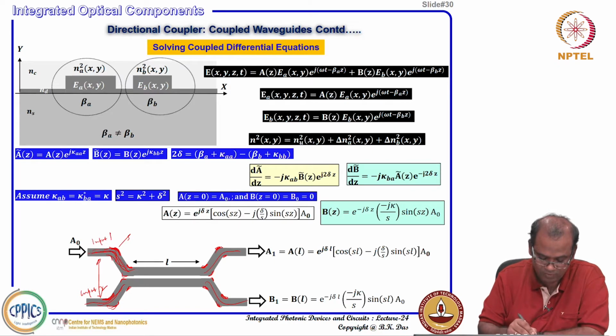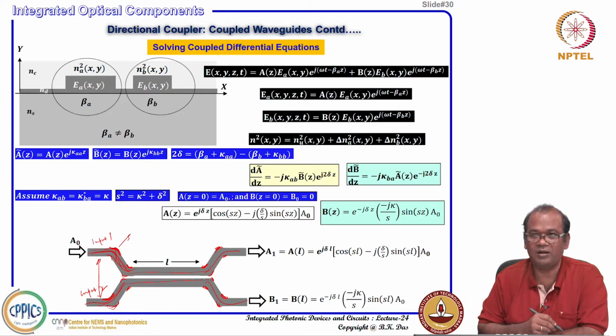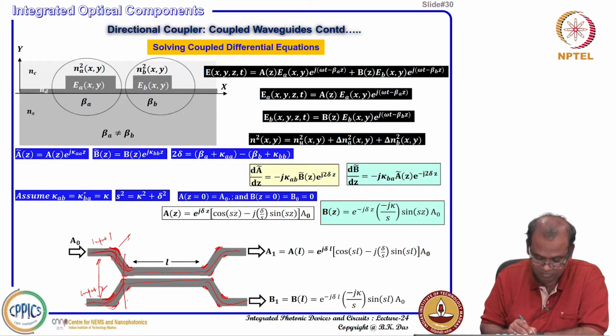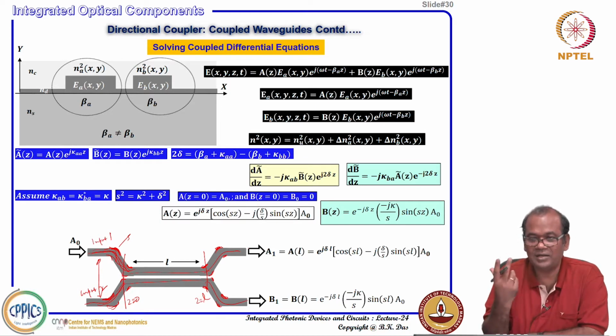So, adiabatically both waveguides come closer, and when you see that their evanescent tails are almost touching the other one, according to the gap, then you maintain this length parallel. This is the region where you start at z equal to 0 and go to z equal to L, where L is the interacting length, and in this interacting length the waveguides are parallel.